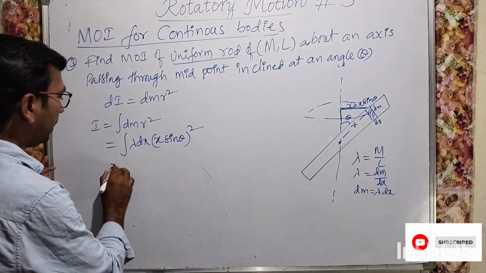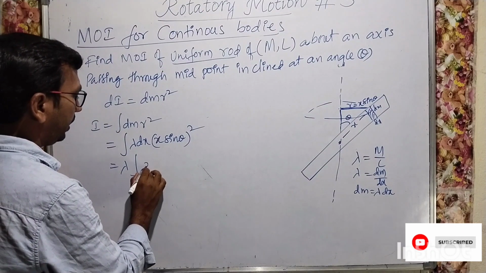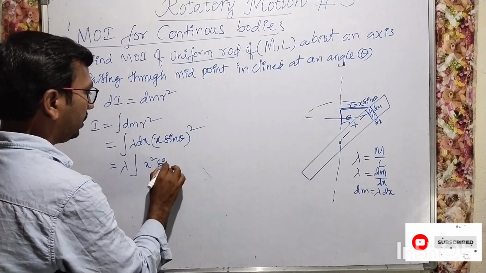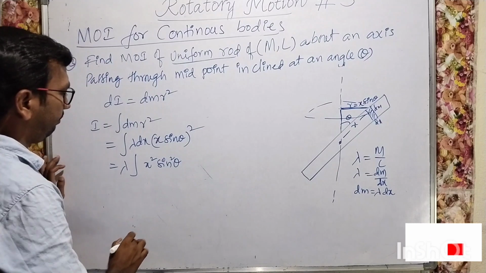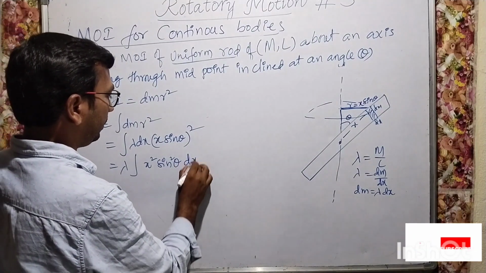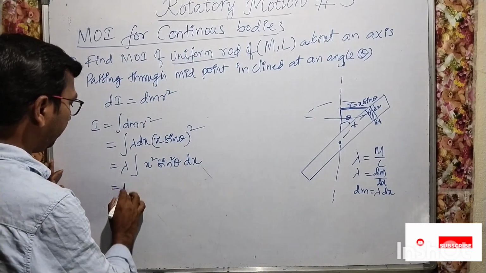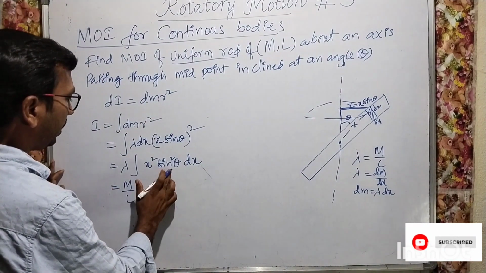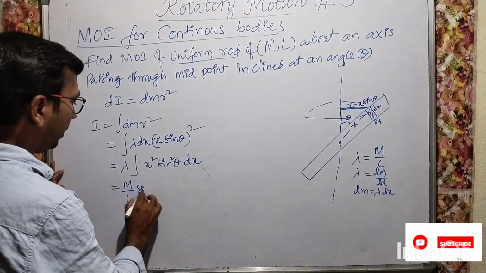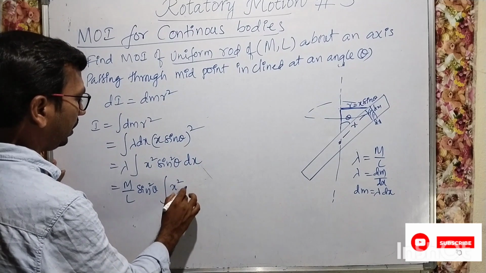So lambda is constant, lambda integration x square sin square theta dx. Here lambda is equal to m by L. Sin square theta is constant, so you can take sin square theta common, integration x square dx.